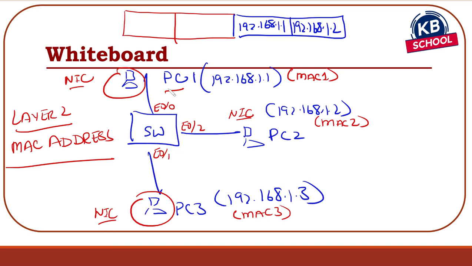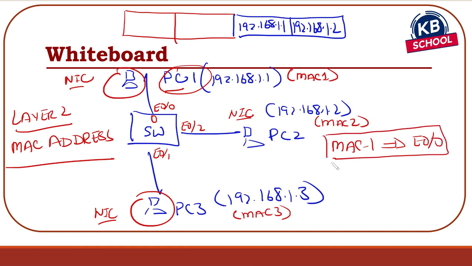As a packet comes in from PC1, it gets forwarded to the switch. Switch receives it on E0/0 with a source MAC of MAC1. It dynamically learns the MAC address MAC1 came in from port E0/0. That means the device that is connected to E0/0 on the switch is MAC1. This is called MAC learning.